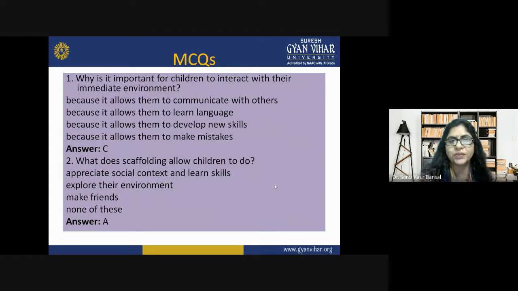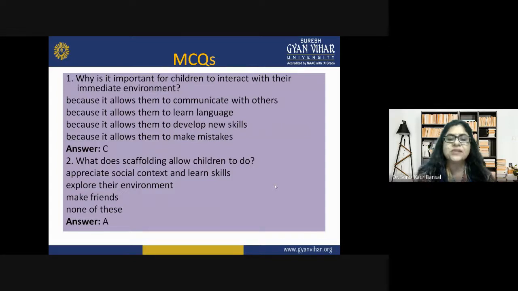Number one, because it allows them to communicate with others; number two, because it allows them to learn language; number three, because it allows them to develop new skills; number four, because it allows them to make mistakes. The correct answer is because it allows them to develop new skills.